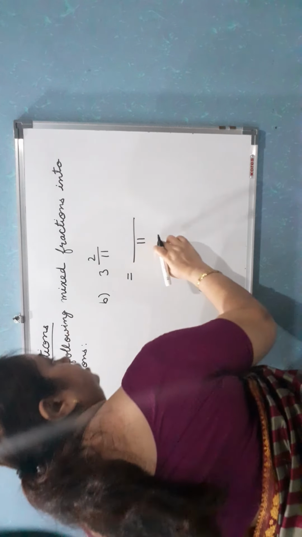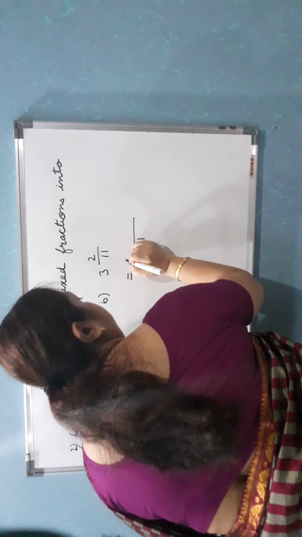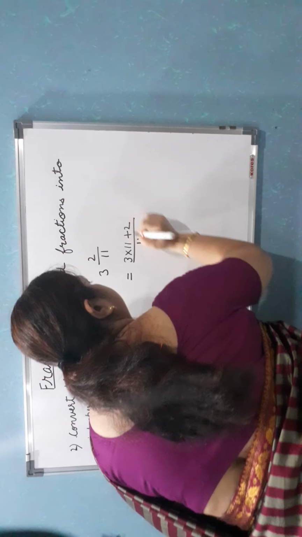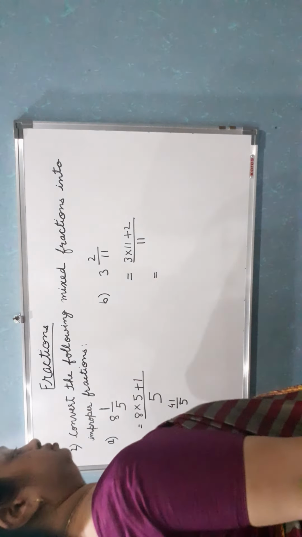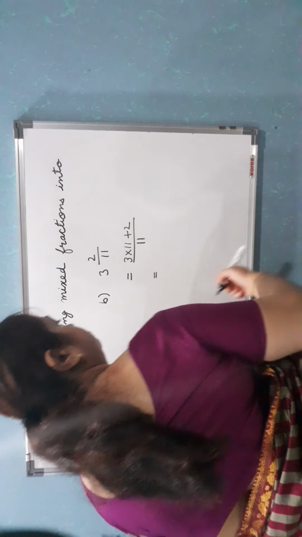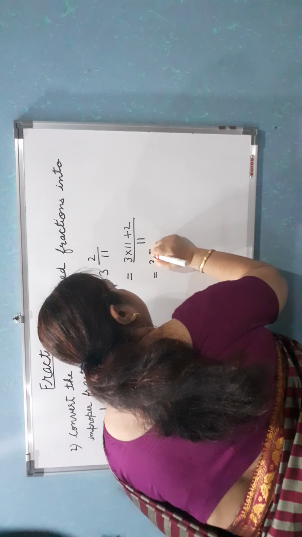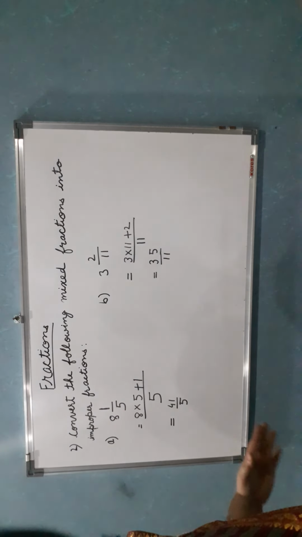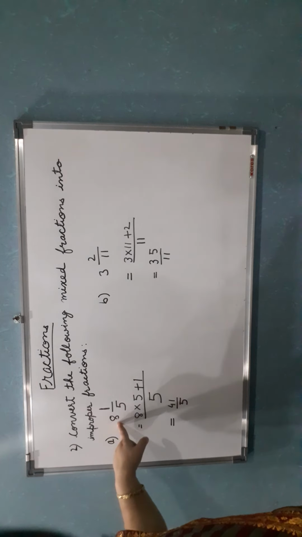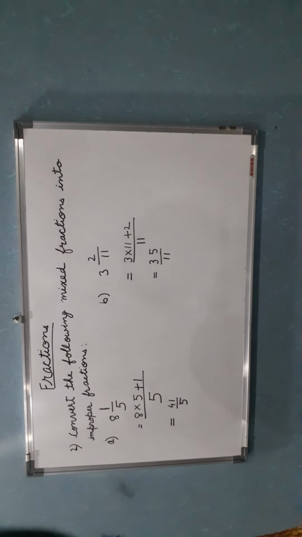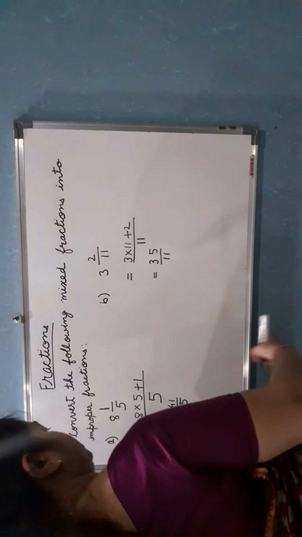Denominator 11, then 3 into whole number into denominator plus 2. Now, 11 3s are 33 plus 2, 35 by 11. Okay. Whole number into denominator plus numerator. This is the formula.